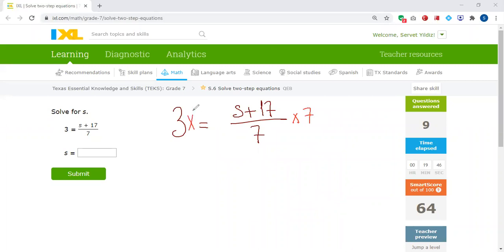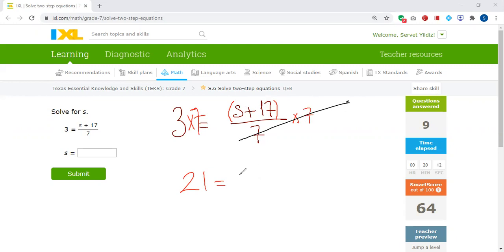So 3 times 7 is going to be 21, is equal to, look, this is actually the numerator. I'm not going to touch this. S plus 17 divided by 7 times 7. So this 7 and this 7 will be canceled out.